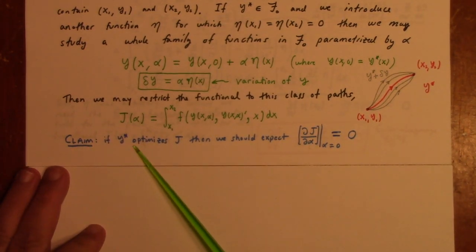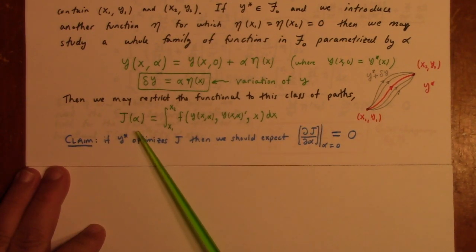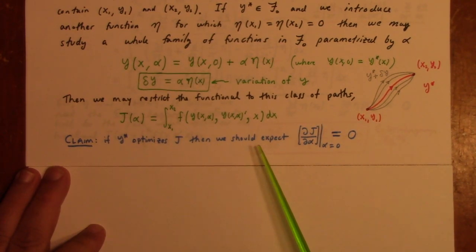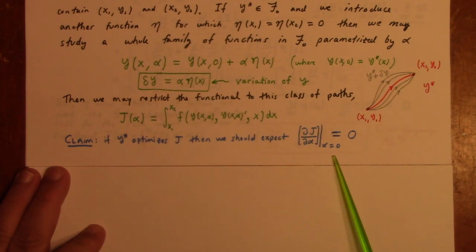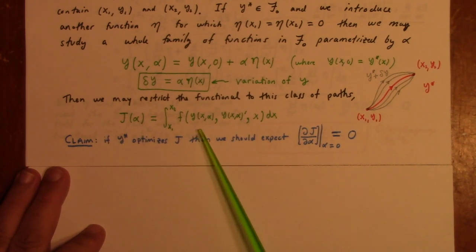If y star is an optimal path for the functional J, then we should expect that partial J partial alpha equals 0, right?